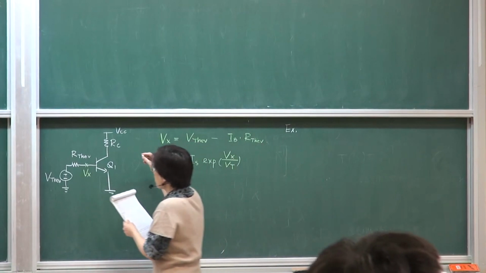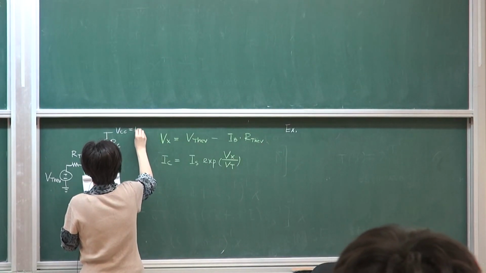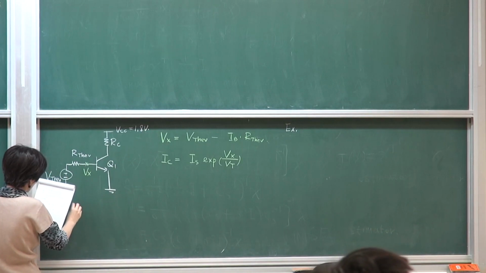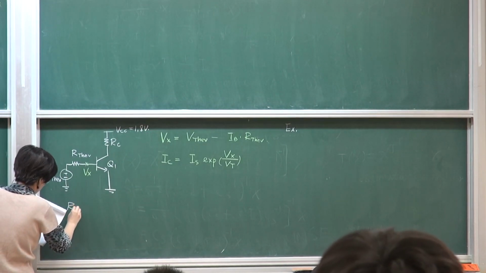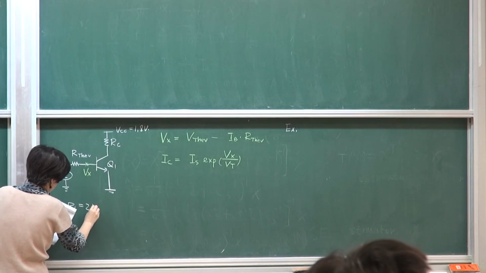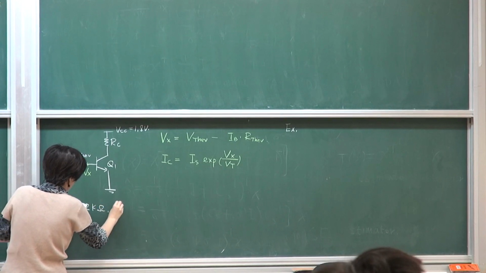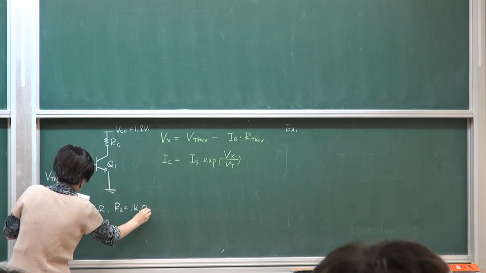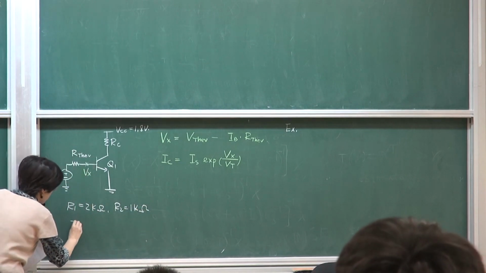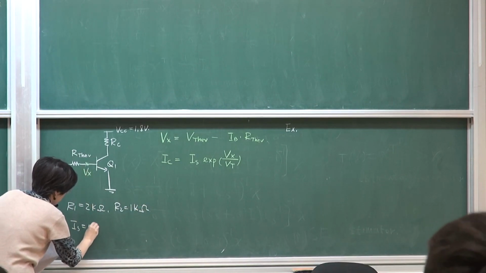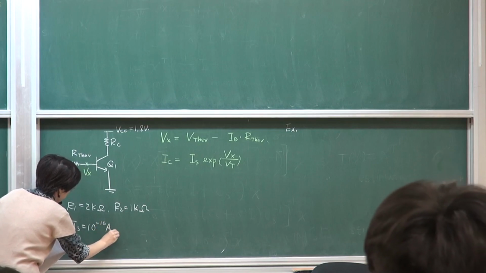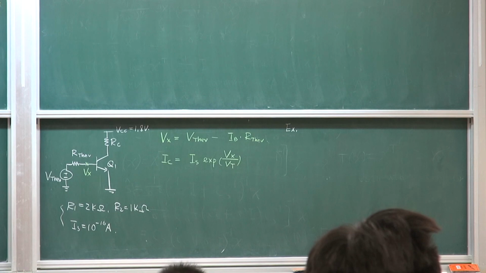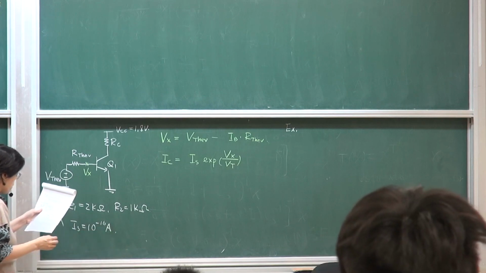Let's say VCC equals 1.8 volts. I'm just going to write down over here. R1 equals 2K ohm, R2 equals 1K ohm, and my IS is 10 to the minus 16. So these are the parameters. Give me a moment.